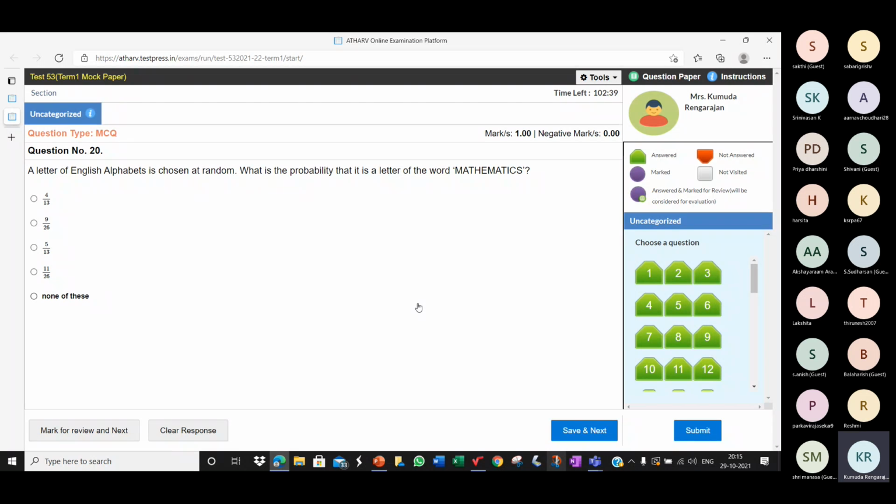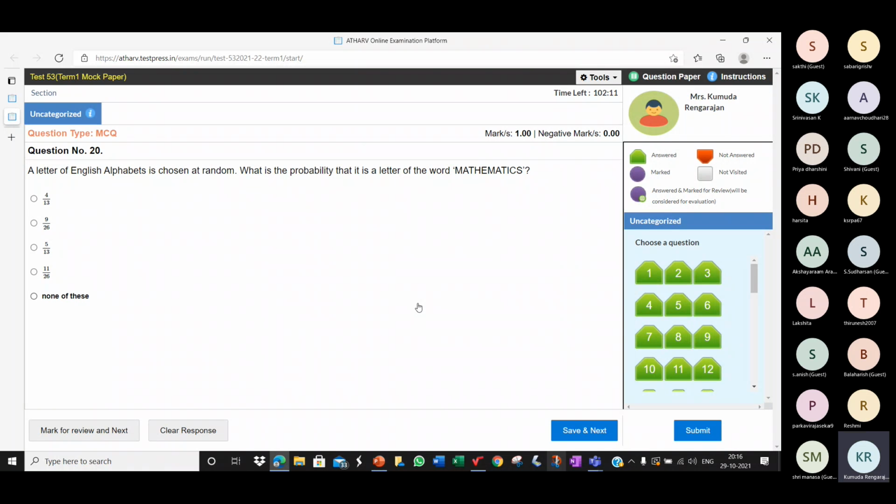Totally, in the word mathematics, in all there are 11 letters. But how many English letters are there? Of the 26 letters, how many letters are there in this word mathematics? 8. You're trying to pick one letter out of the 26 letters in the English alphabet.